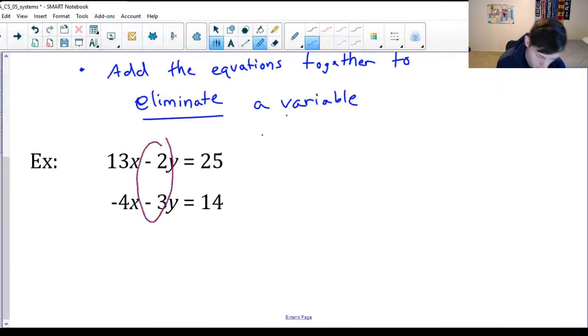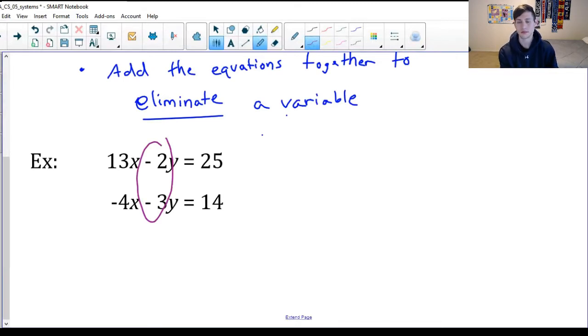So I'm going to look at my y terms because I see they have coefficients of negative 2 and negative 3. I like that a lot because I know that 2 and 3 both go into 6, so I can aim my goal number to make both of those coefficients 6, and that won't be too hard. Multiply by 3, multiply by 2. However, if I do 13 and 4, then it's going to be a lot messier.